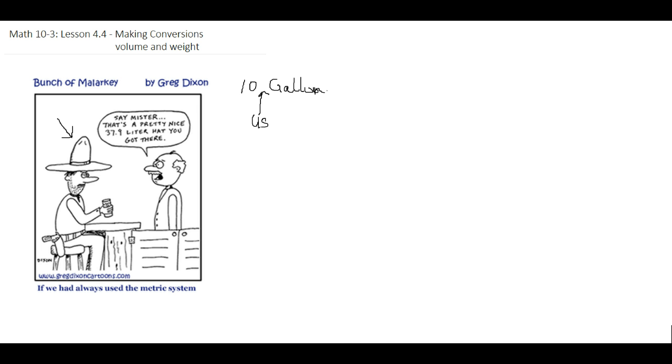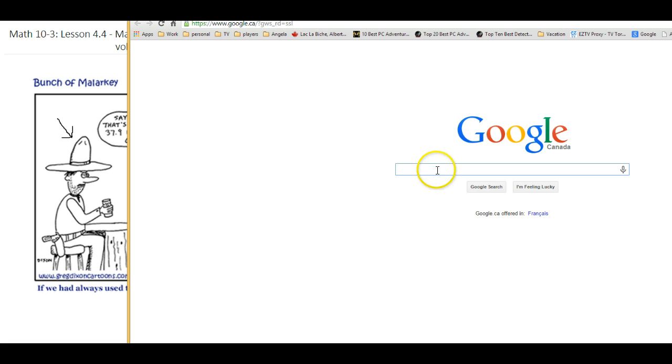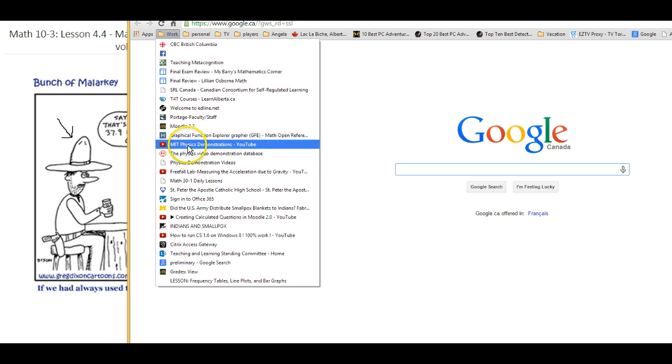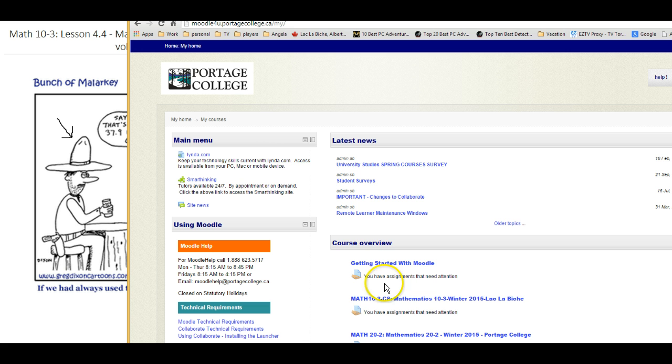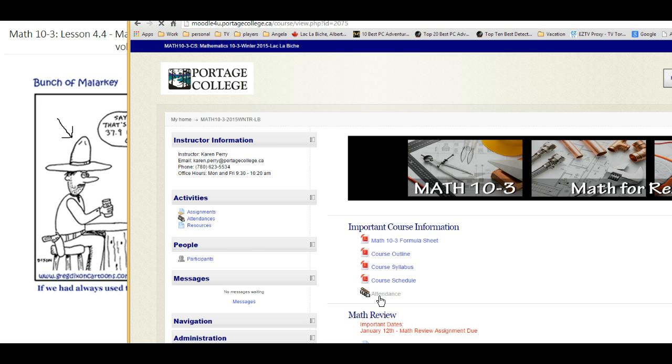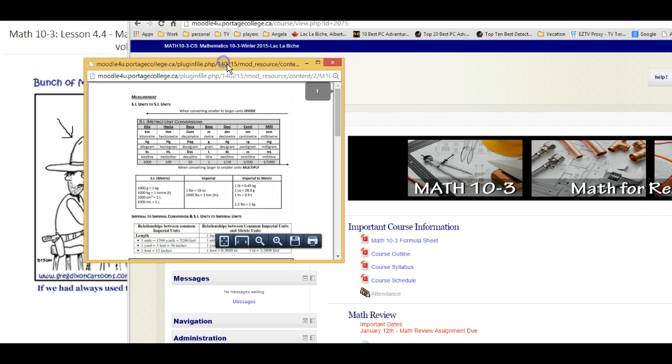So I am going to now open up our Moodle site and get our formula sheet so we can figure out what that's about. Okay, here we are. There it is, the formula sheet. I'll just relocate it onto the screen.